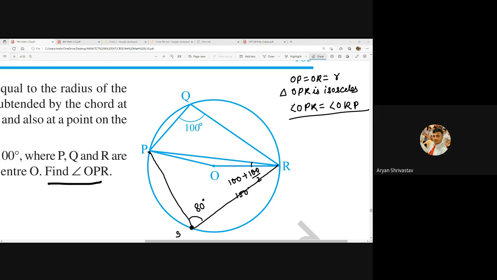Angle sum property of a triangle, and by this we will get 2x equals 180 degrees minus 160, and the x value will come as 10 degrees.